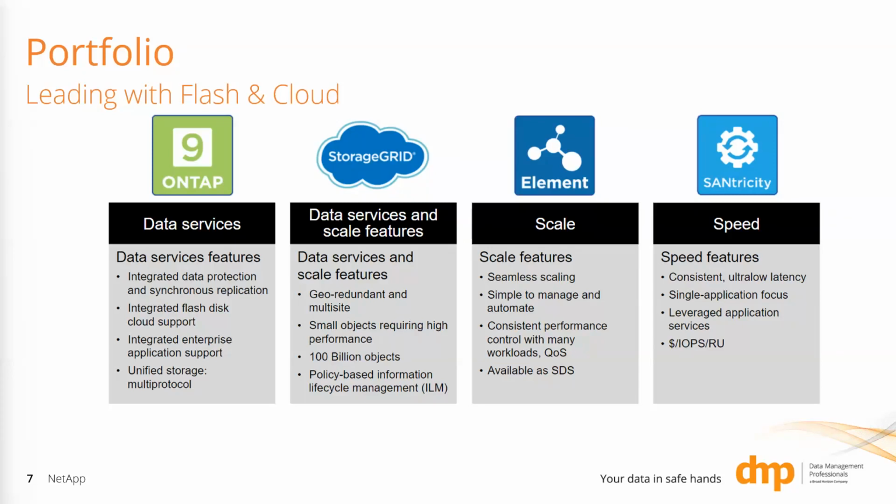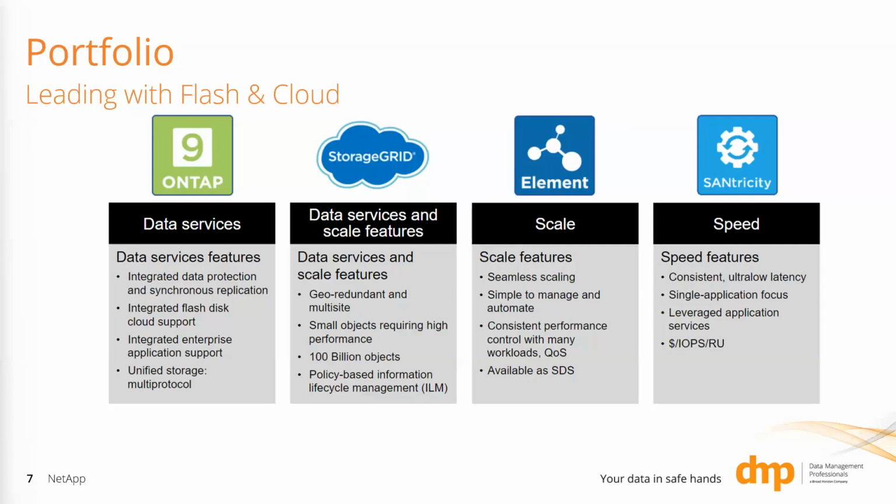There is a reference architecture for Splunk. As soon as you need a lot of SAN capacity and performance, or just capacity, then the E-series running the SANtricity OS is the platform to go to. And this is just the storage part of the NetApp portfolio.